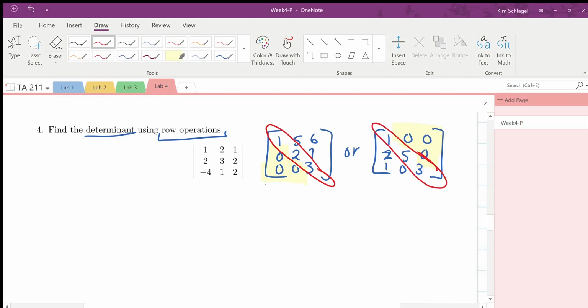So in this case, our determinant of this matrix would be 3 times 2 times 1. In this case, our determinant will be 3 times 5 times 1.